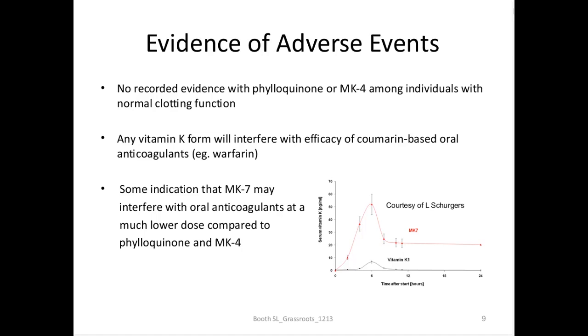But as you can see from this red line, menaquinone 7 appears in the blood much sooner, there's a much bigger response, and it stays in the blood for a lot longer. So for this reason, for individuals on oral anticoagulants, there's greater concern about the stability of their oral anticoagulants if they take a menaquinone 7 supplement.